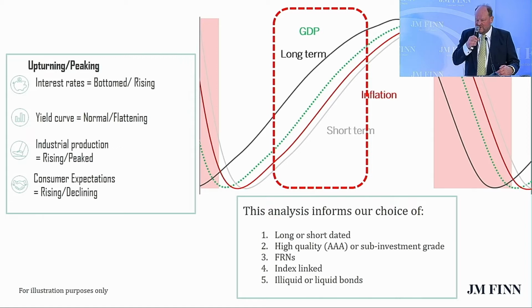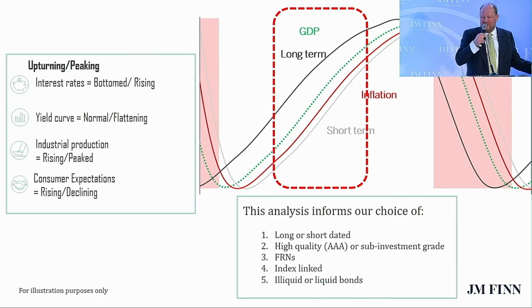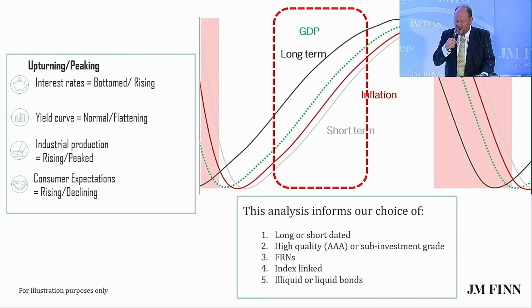They adjust the interest rate they pay with reference to some short-term indicator like base rates, for example, or LIBOR. We can look at index-linked gilts and index-linked TIPS. There are indeed a few index-linked corporates out there, and we can decide whether we want to go for illiquid or liquid bonds. Illiquid bonds tend to yield a bit more because they're more difficult to sell, they're more risky, and you do get paid a little bit more for taking the risk.